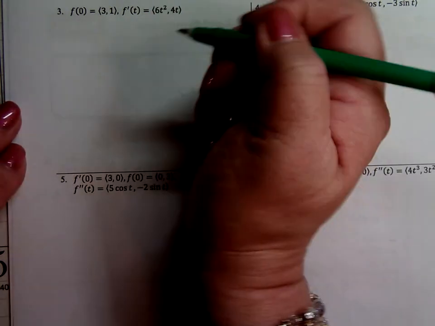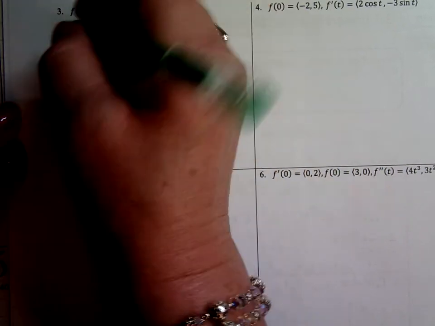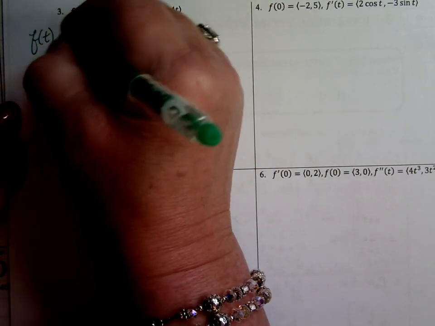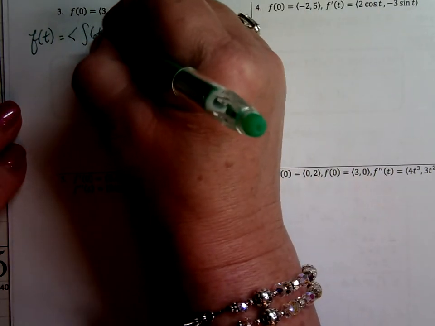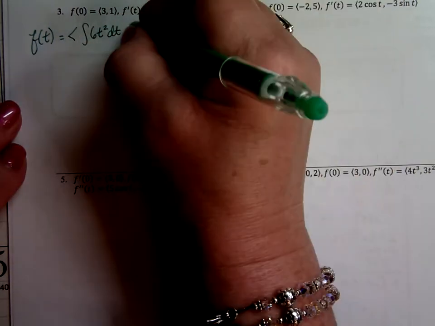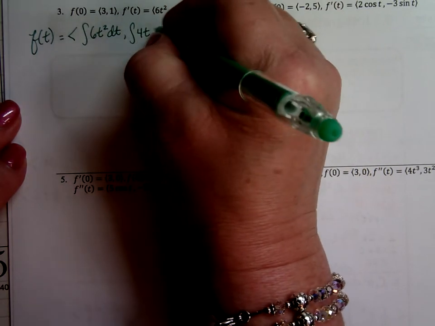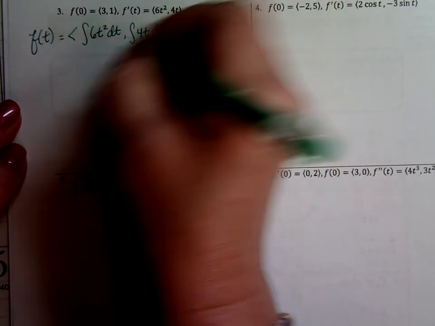So the first thing I need to do is to integrate each piece. I need to know what f of t is. So I'm going to integrate 6t squared, and I'm going to integrate 4t. All right, let's do it.